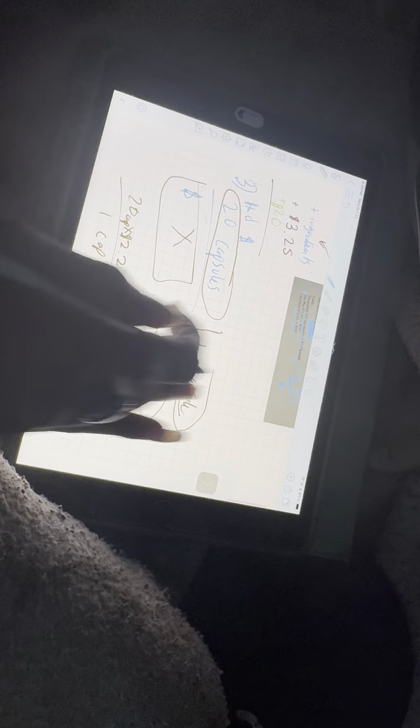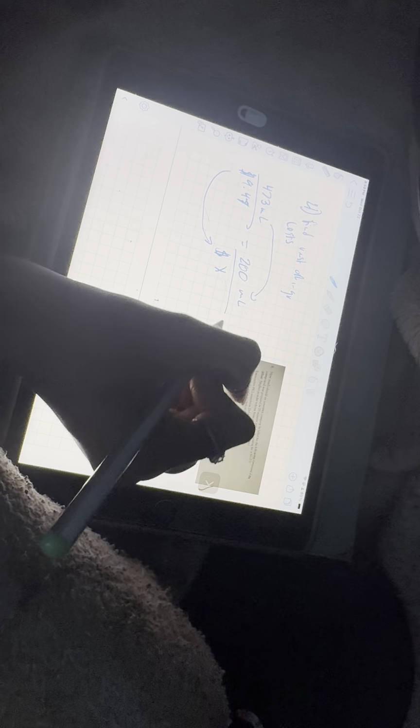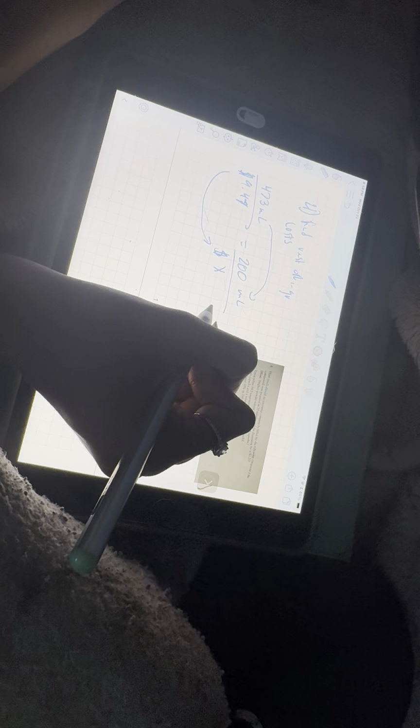We have to use the final amount, which is 200. So we're gonna do 200 milliliters, and it's X amount. So we do circles and squares, and that's going to equal $4.004.